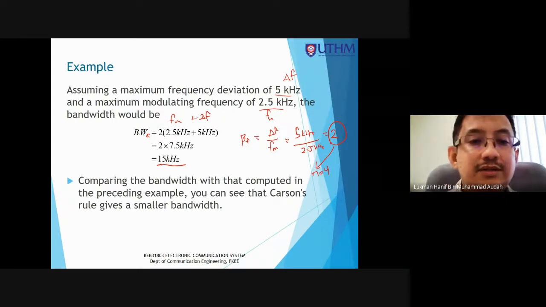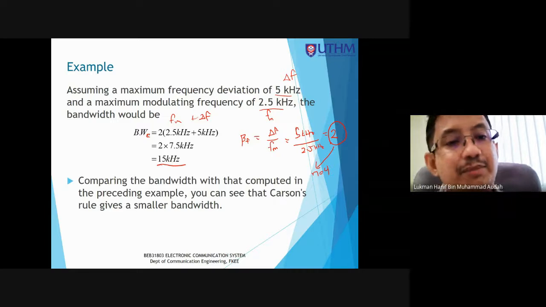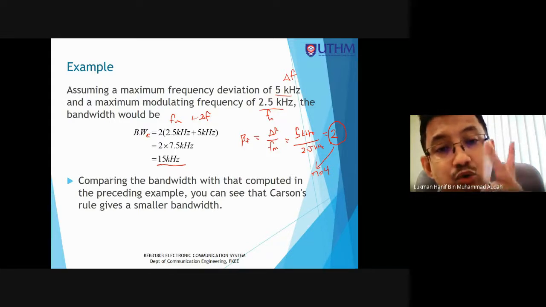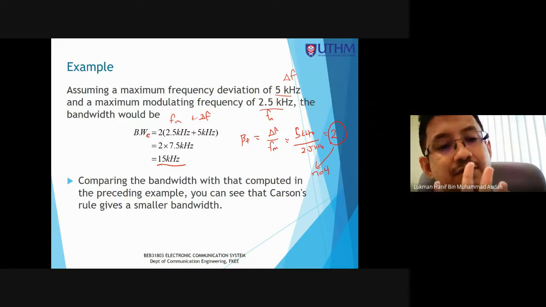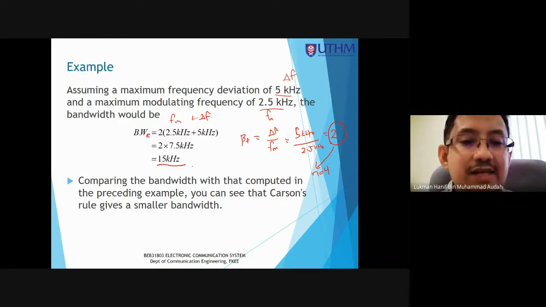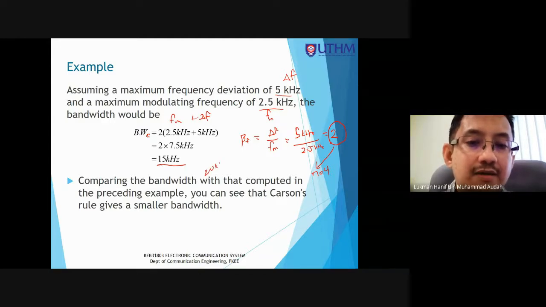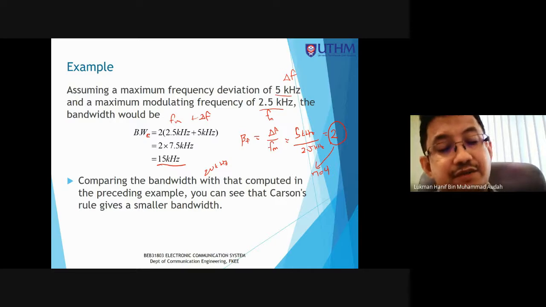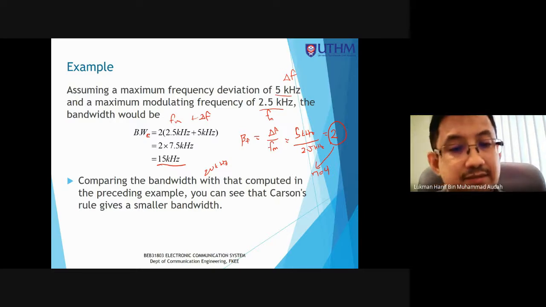So this example is the same as the previous example, where beta equals 2 and the number of significant sidebands n equals 4. If we use Bessel we get 20K. However, if we use bandwidth by Carson, we get 15 kilohertz.